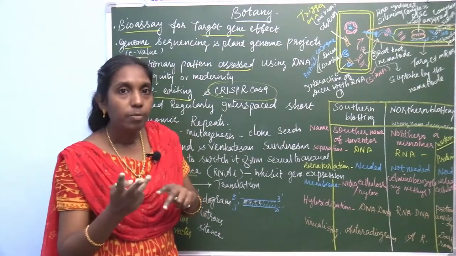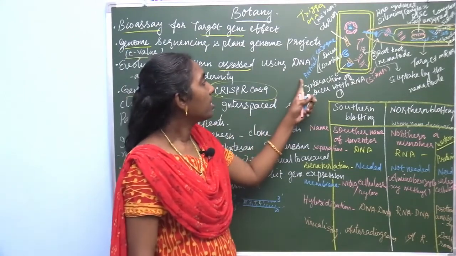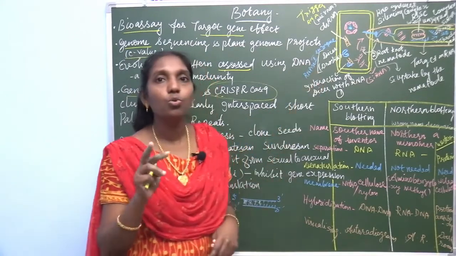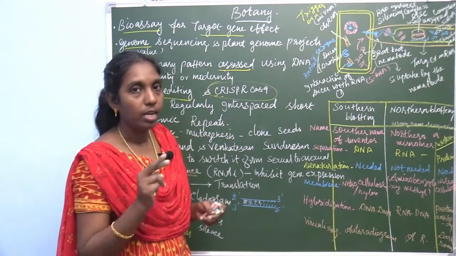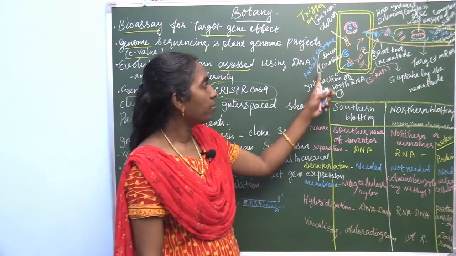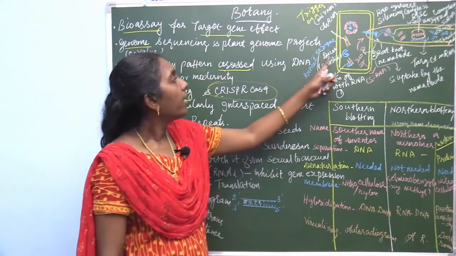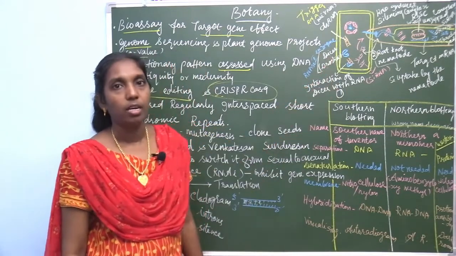It is triggered by an enzyme. That enzyme is the RNase type 2 enzyme, called Dicer or Drosha.